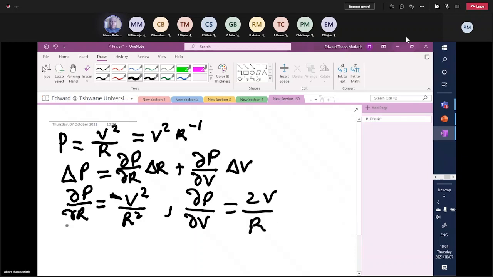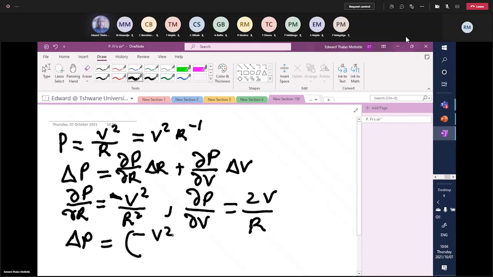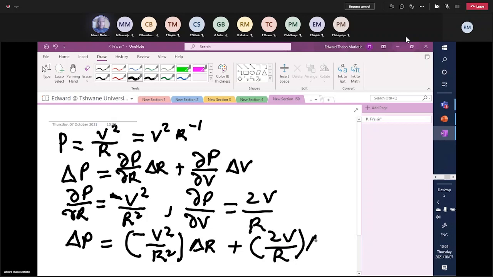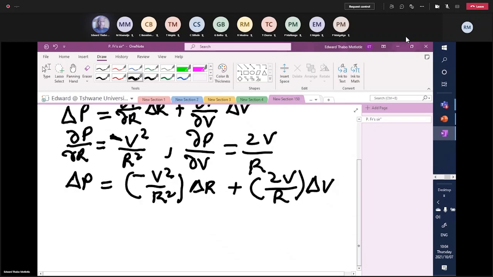Now I need to substitute. This means delta P is equal to minus V squared over R squared, and then change in R, plus 2V over R, change in V. Now if I read the problem, what is change in R?